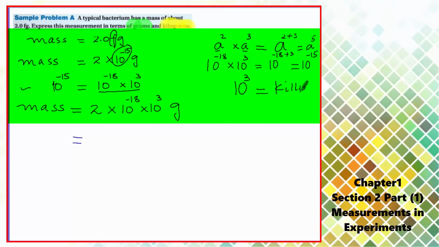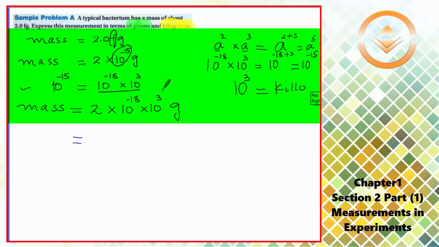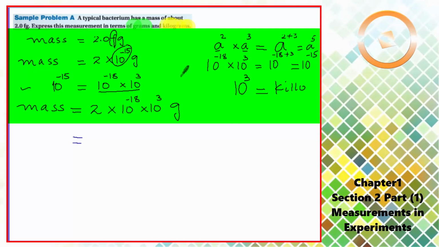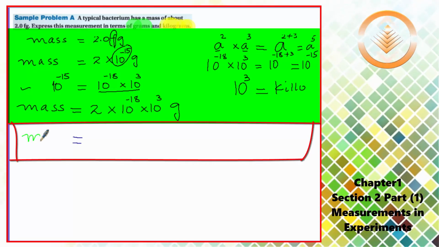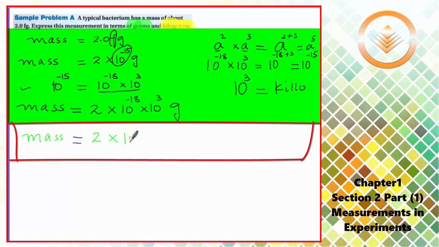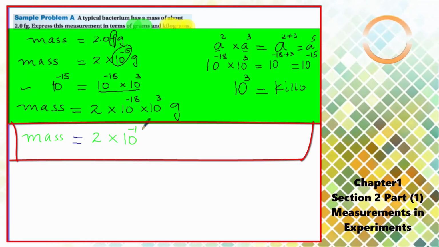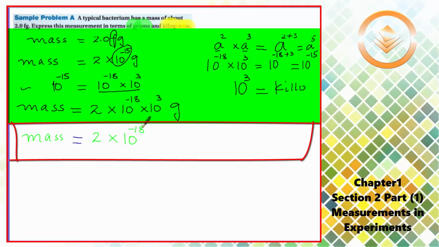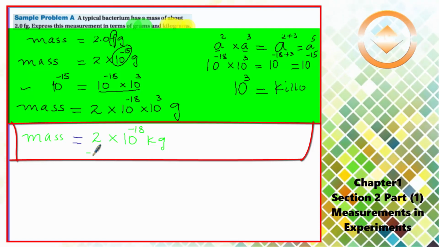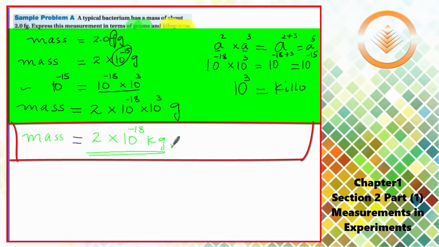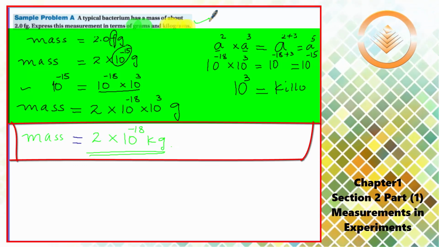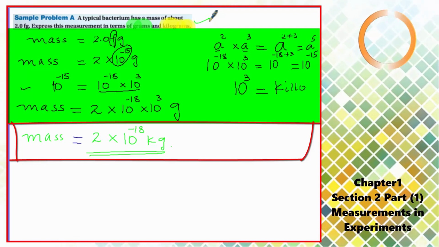So instead of 10 to the power of 3, I can use the prefix kilo. So this mass is now equivalent to 2 multiplied by 10 to the power of negative 18 kilo, then g, and it becomes kilogram. That is how we find the mass of this bacterium in terms of kilogram. That's all we have for today.